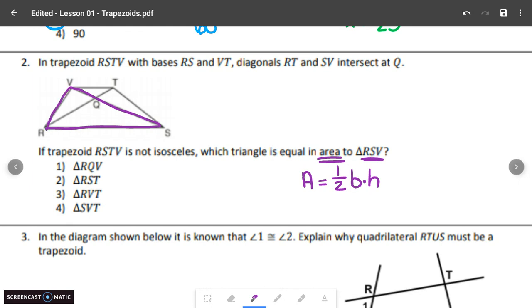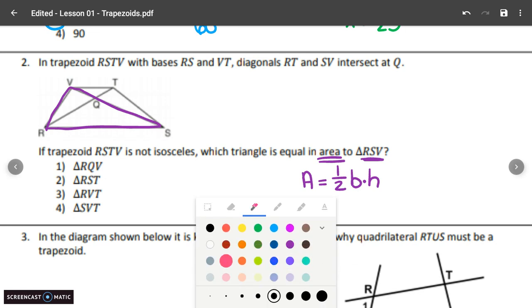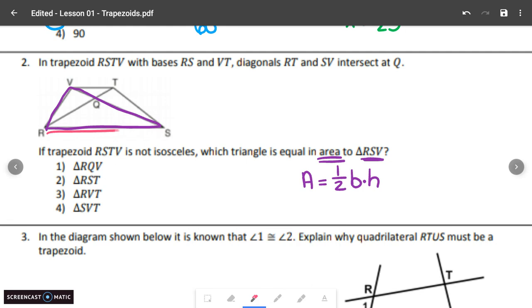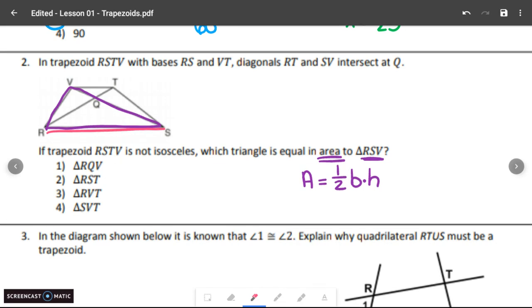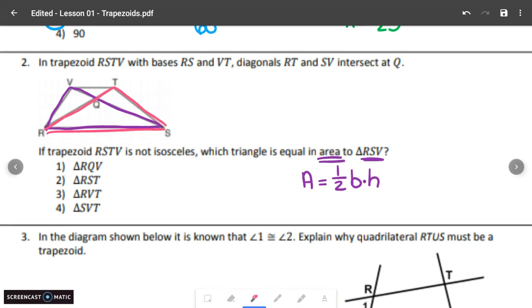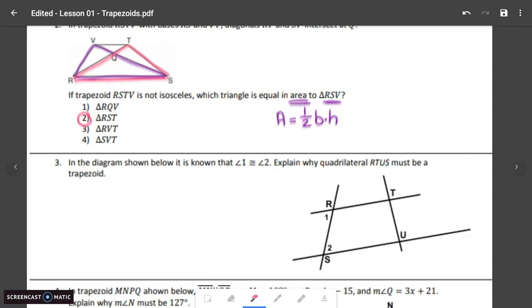We want a triangle that has the same base and the same height. There's only one that does follow those same restrictions. The same base and goes up the same amount has to be triangle RTS or RST. So choice 2. All the other ones are going to be slimmer in size or not have the same base, but that's why we're going to go with choice 2.